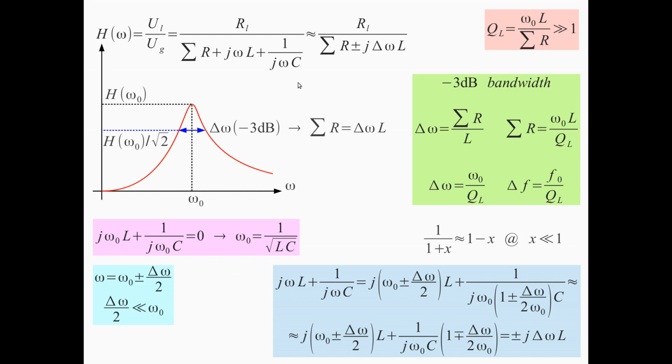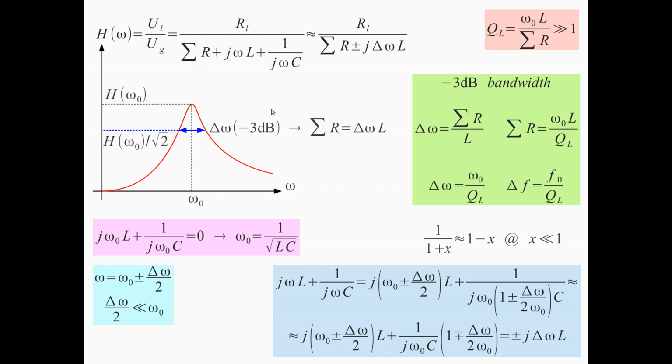Since I'm using here angular frequencies, I also express the bandwidth as a delta omega, so a delta of an angular frequency, to be able to omit the 2 pi here. So what is the 3 dB bandwidth? What is the Q loaded? The Q loaded, this is hopefully much larger than 1.